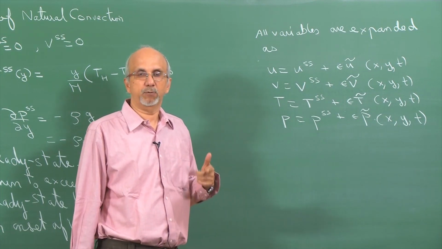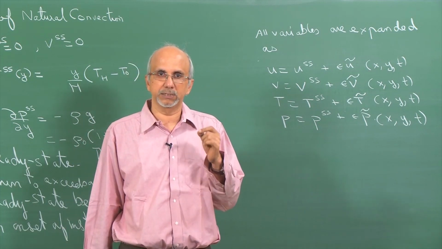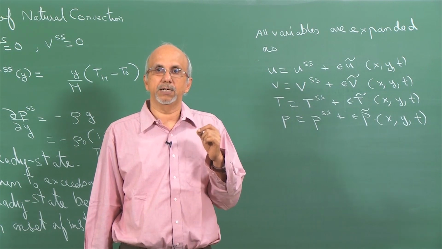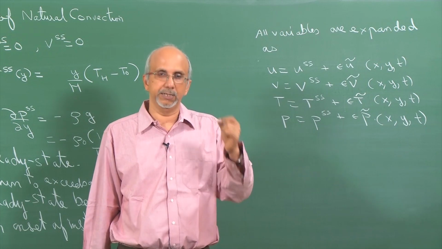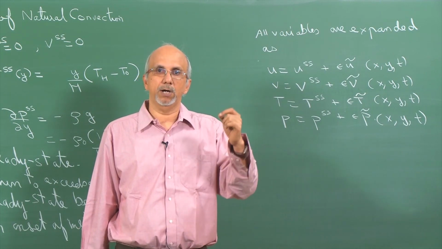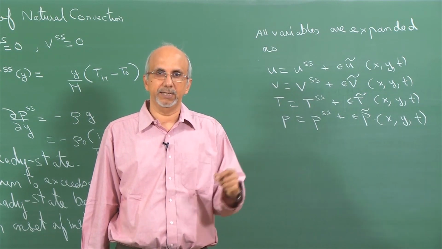In the process, we are going to invoke the fact that we are interested only in small perturbations. We are going to therefore retain terms which are of order epsilon, because this is infinitesimal; the terms of higher order, of order epsilon squared and above, are going to be very small, and therefore we are justified in neglecting them.